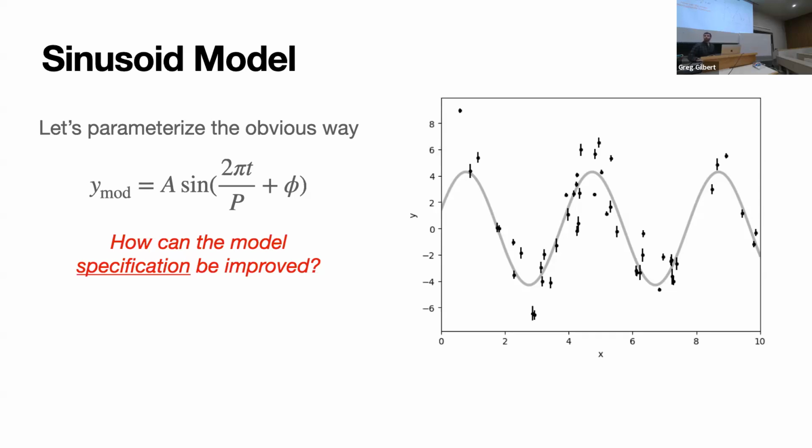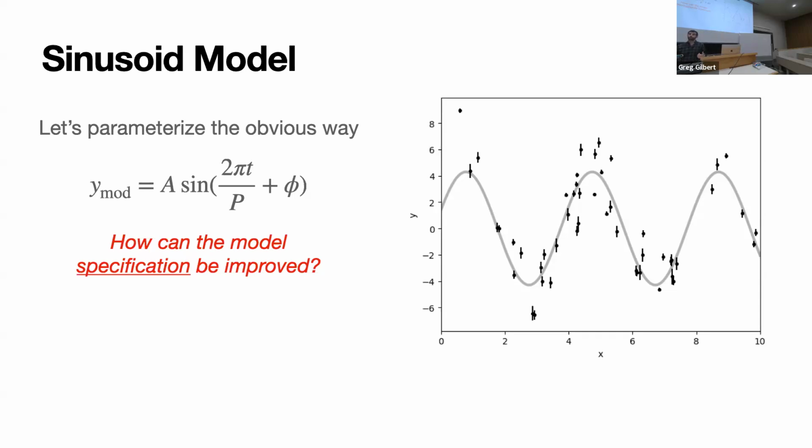Because if you think about it, in every decade there's going to be more weight. There's as much weight here as there is here. And so if we care about trying to sample the very short periods, we're not going to be able to do that. So one way to fix that is to put a log uniform rather than a uniform prior on period. The other way is just to reparameterize in terms of frequency and then put a linear prior on frequency.